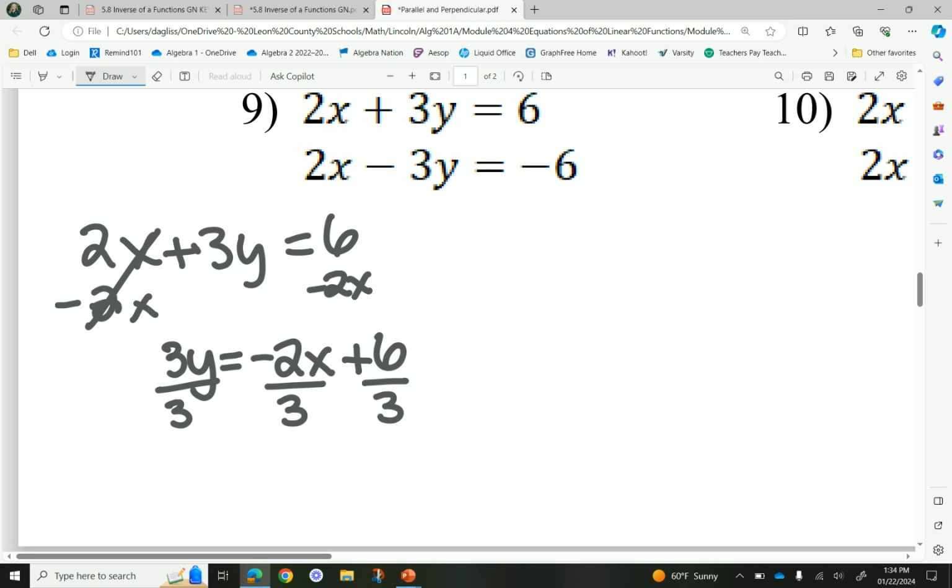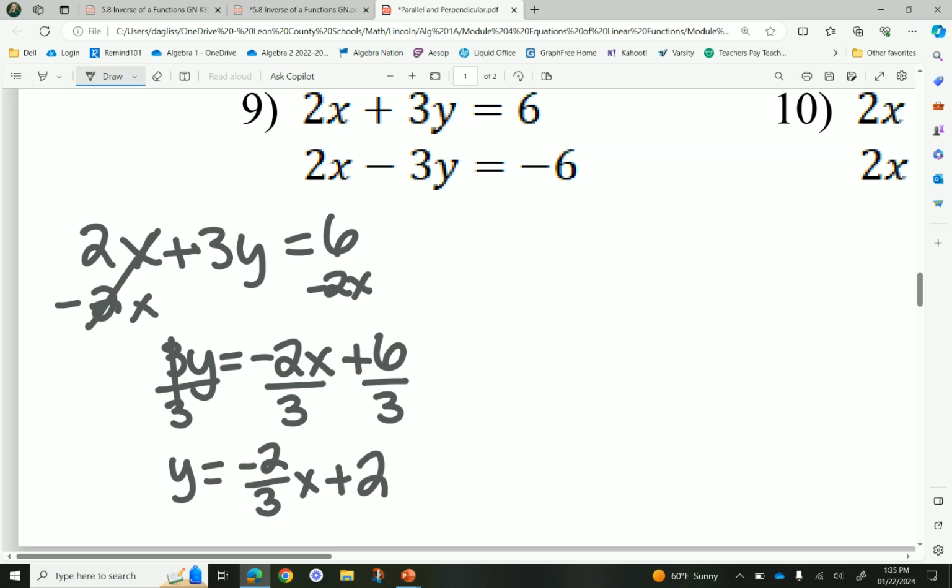We did this, I think, in chapter 3, where we had to solve for y. So we always have to subtract the x or add the x over, and then if there's a number left, we divide by it. Okay, this is going to give me y equals negative 2/3 x, and 6 divided by 3 is 2.